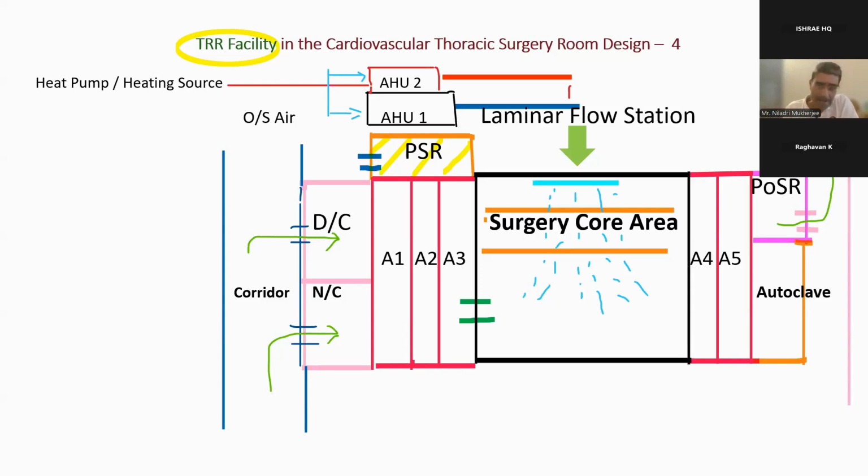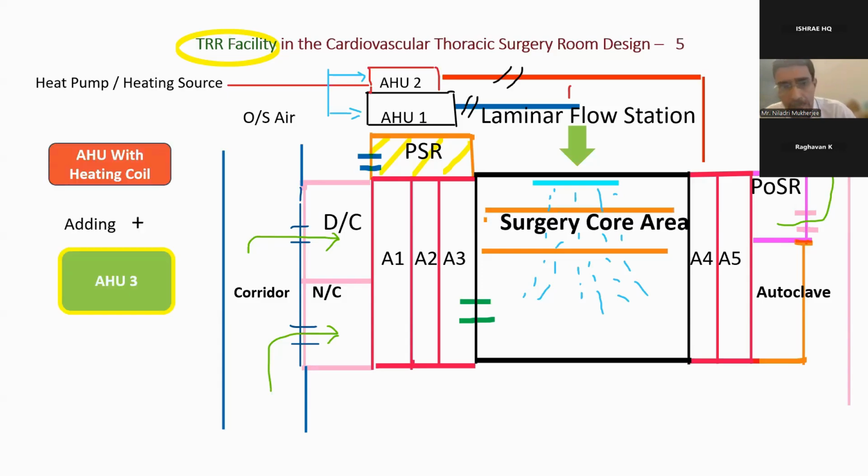So why we have HU1 is for the surgery core area, and there is HU2. This HU1, which is supplying, will give you the laminar flow stations. Now there is an HU with a heating coil.